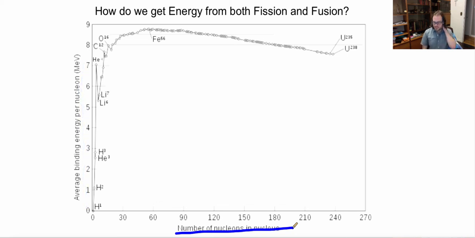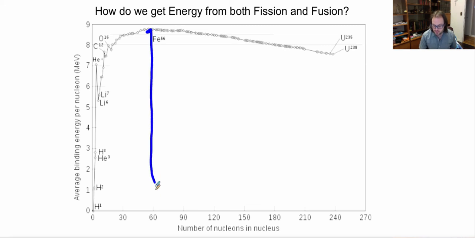If we look at this, my optimal, or highest, binding energy per nucleon is iron-56. If I combine two deuteriums, I'm going to get a whole bunch more binding energy when I get helium-4. That's a huge increase in binding energy. In other words, my mass defect is going to be pretty big, which gives me more stability.